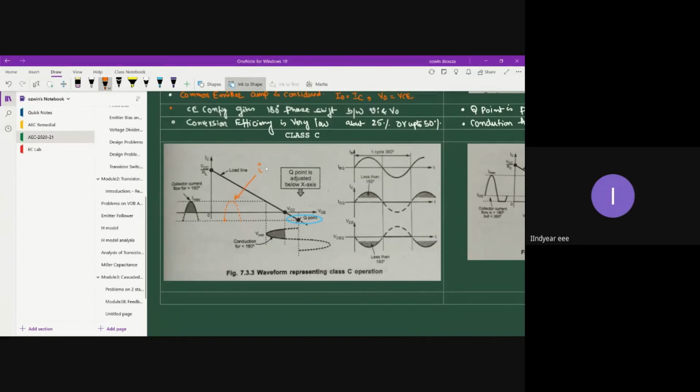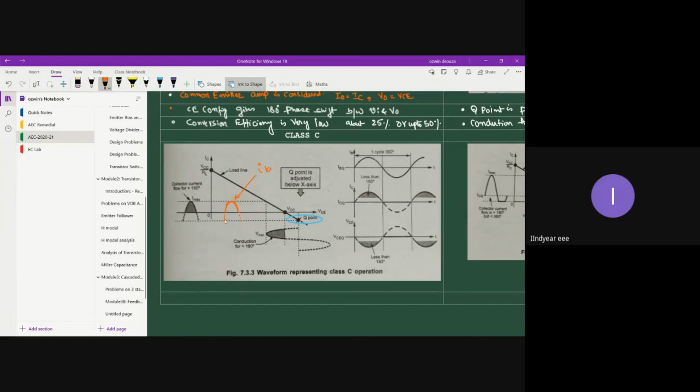This is IB. Now, the signal is present only if it is found above the x-axis, because only above the x-axis the voltage level is positive, and when the voltage level is positive, only then does the transistor get into conduction. So only this thick part of the wave is present in reality.